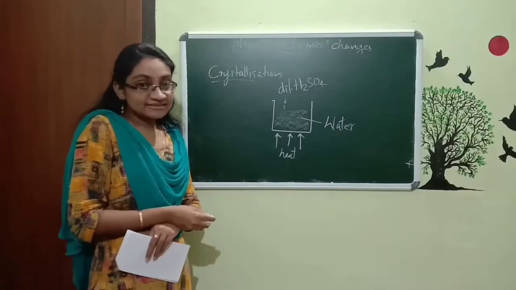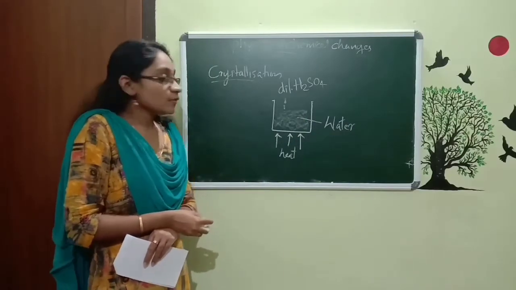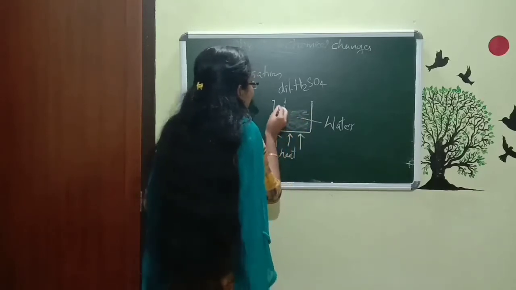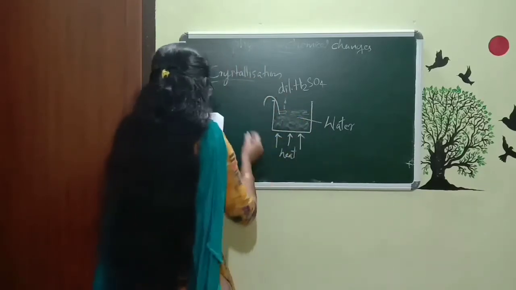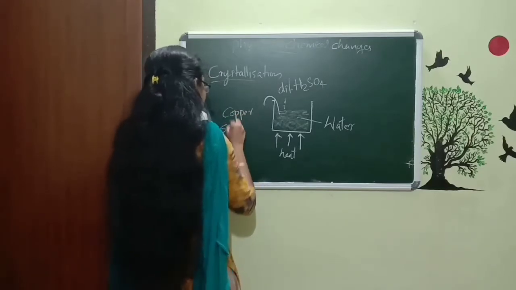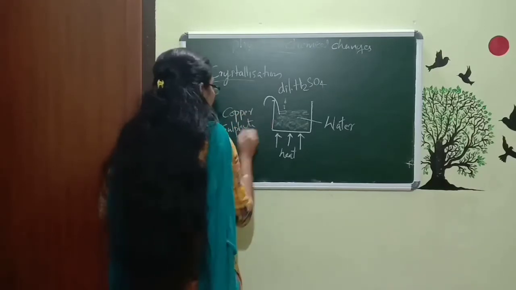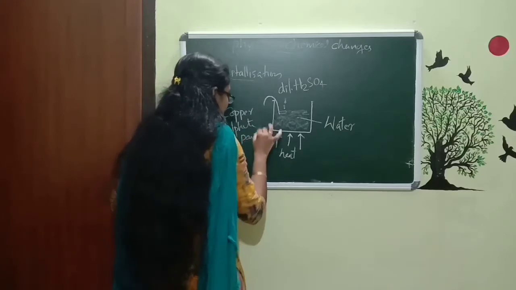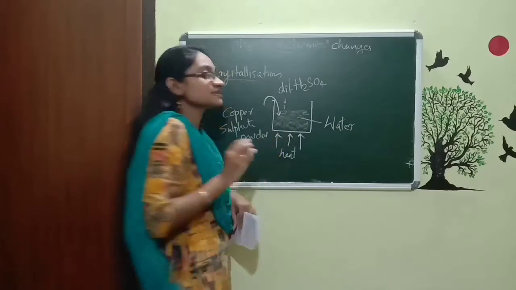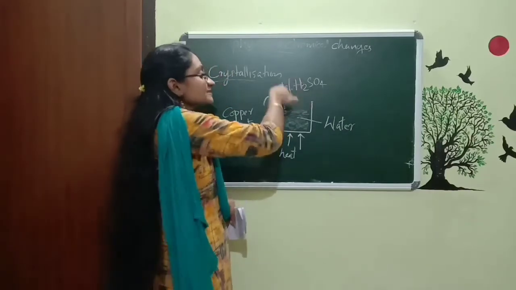After some time we can see that it starts boiling. When it starts boiling, you can see the bubbles and all. So at that time I am going to add copper sulfate powder into this very slowly, and I am mixing it continuously.